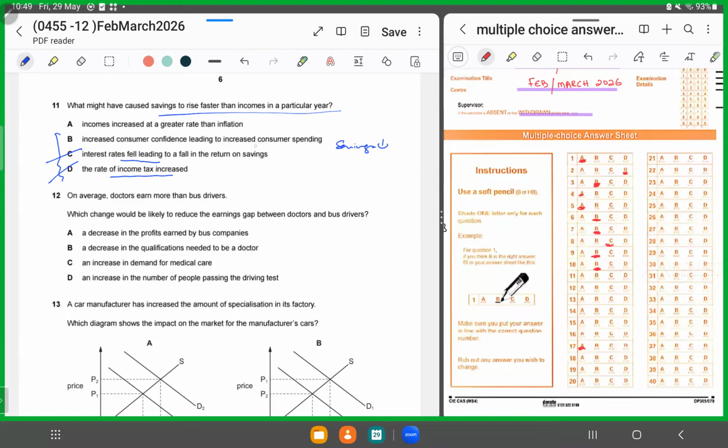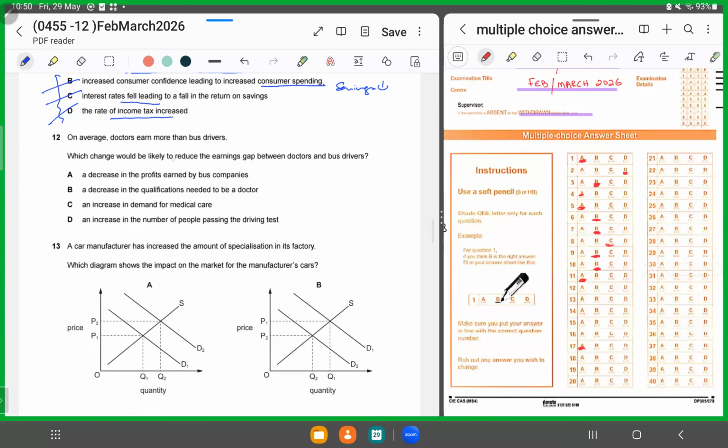If consumers are spending more, they will be saving less. So B, C, and D are all eliminated. So we are left with A. But then the logic also says that it's A. Why? Because incomes increased at a greater rate than inflation. That means that real GDP rose, real income rose, right? The income rose in real terms. So for 11, it has to be A.